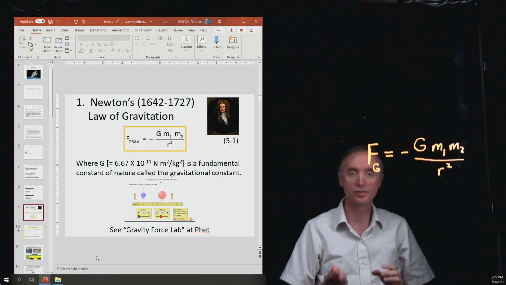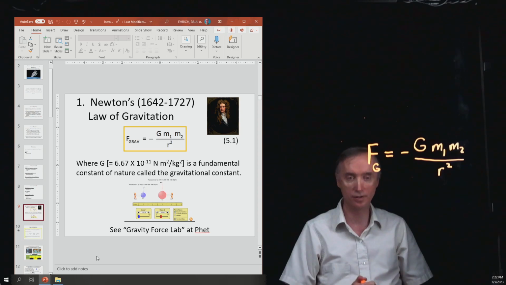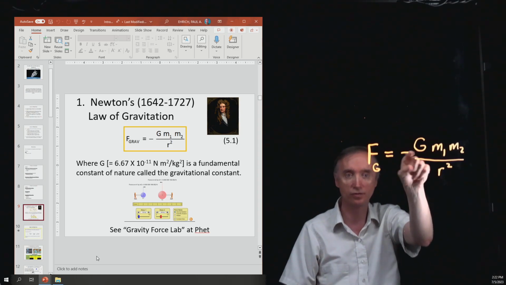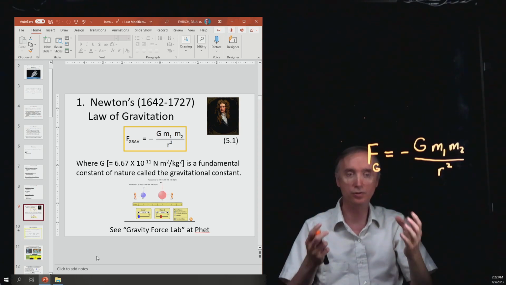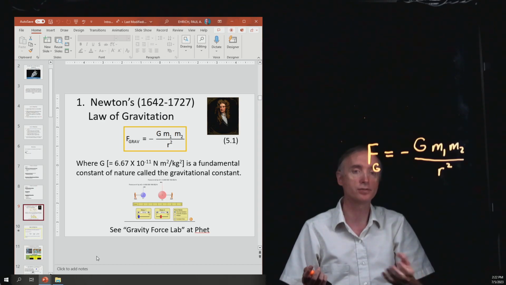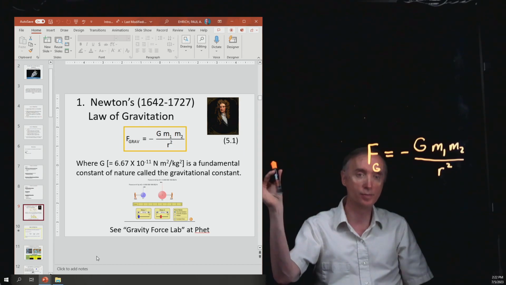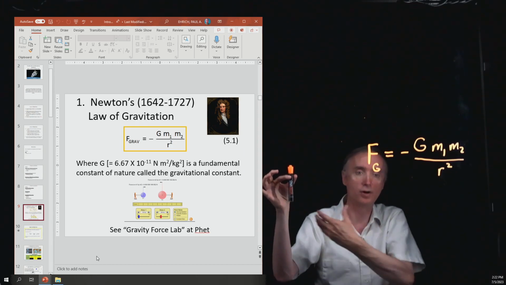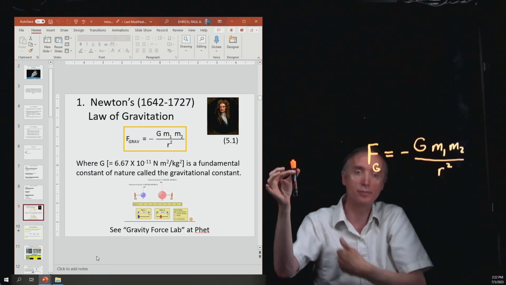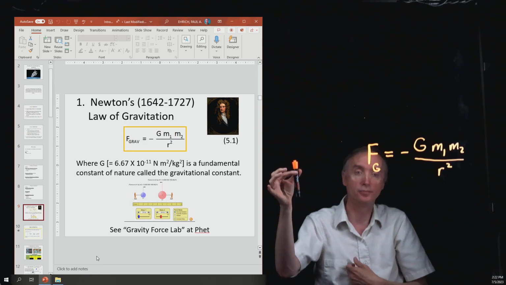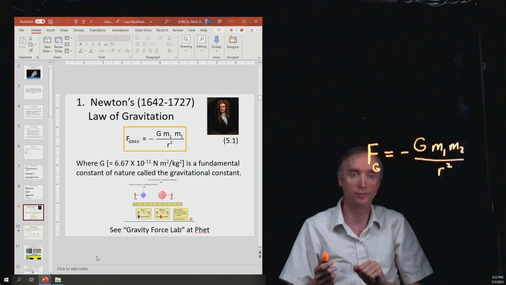All objects in the universe are pulling on every other object in the universe using this formula. So you have a certain amount of mass. Okay, then a pencil has a certain amount of mass. You are being attracted to that pencil because of this formula.